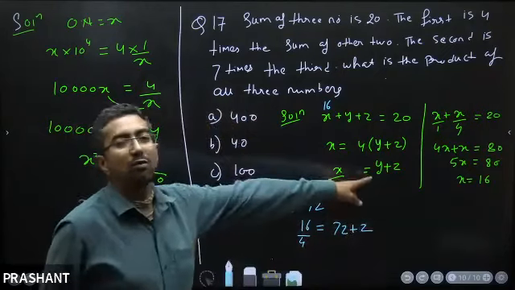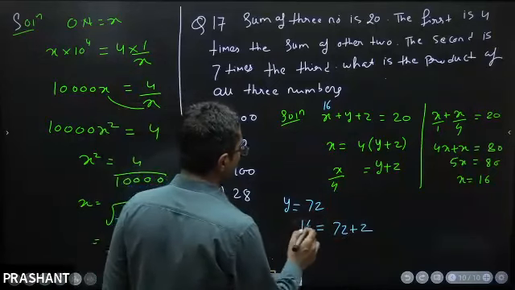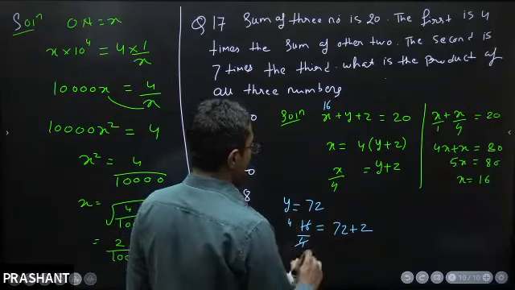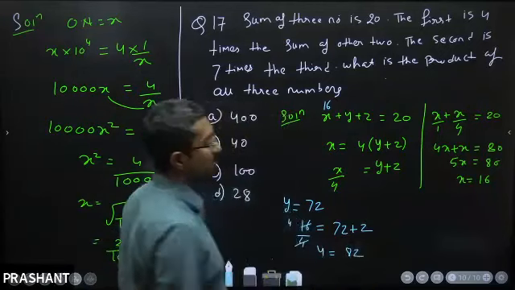Correct? Instead of y, I wrote 7z. So 4 fours are 16, so 4 is equal to 8z.